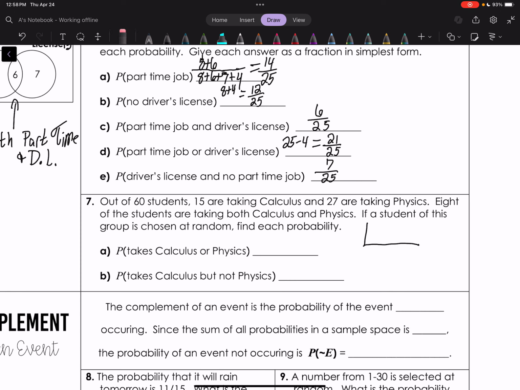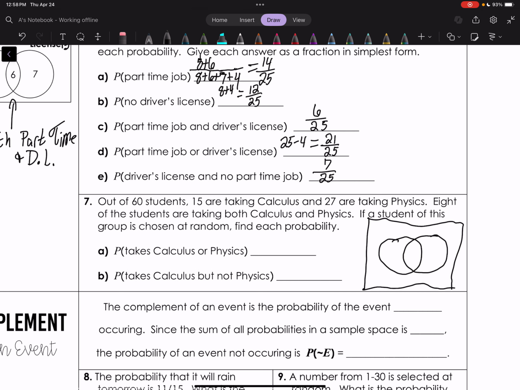let me make that rectangle bigger. There's my Venn diagram. I'm looking at calculus, physics, and then neither. So here's my calculus.